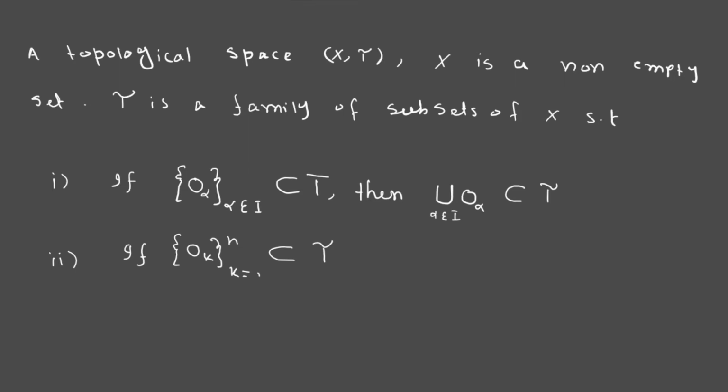Not any, it is finite members of tau. Then their union of O k, where k is equal to, no, here we are not talking about union, here we are talking about intersection, sorry.